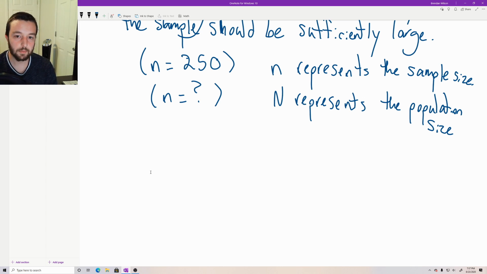So quota sampling is where we want our sample to be representative of the population. So say for example, I don't know the exact numbers, but say that 70% of the population is Christian and 30% is non-Christian.